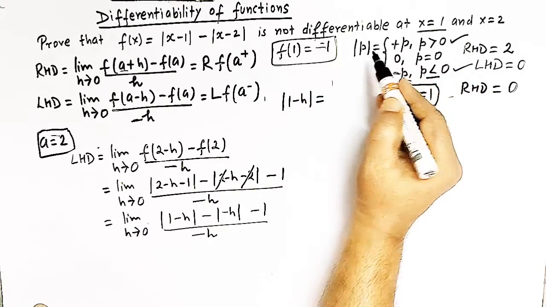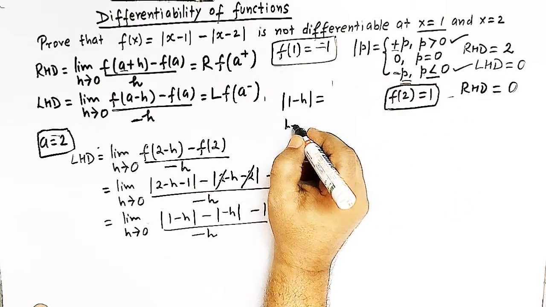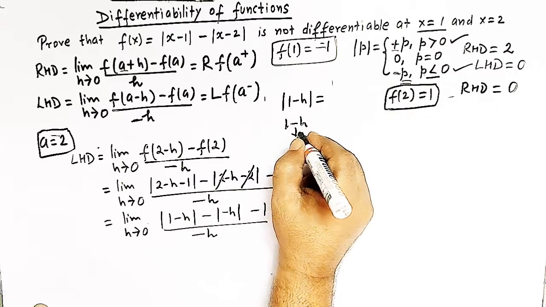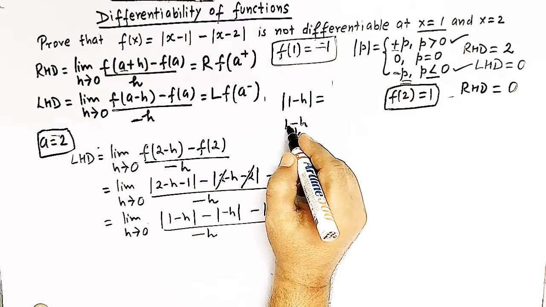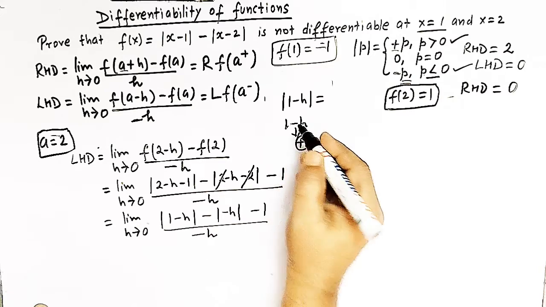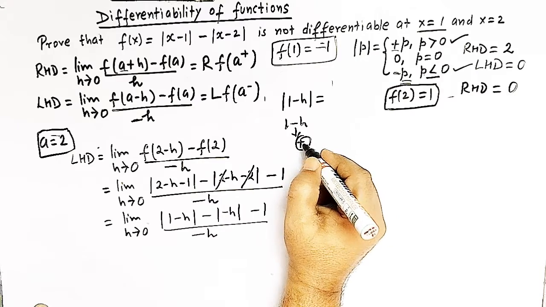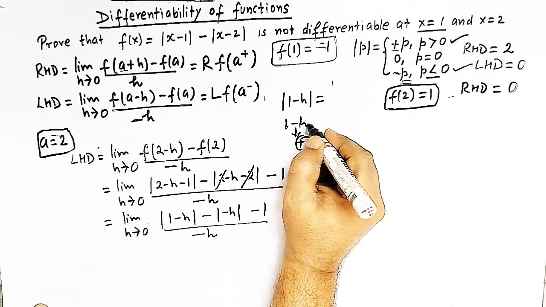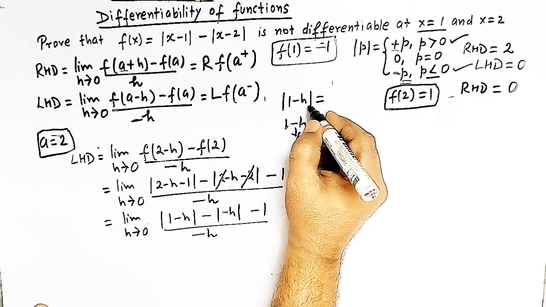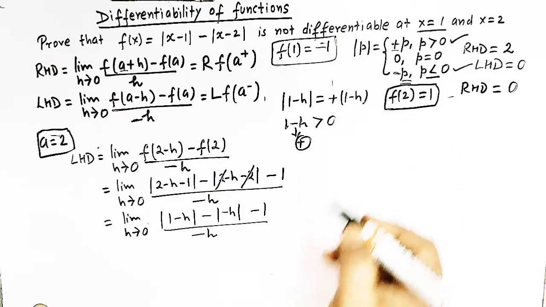Now again, due to this definition, now see 1 minus h is going to be a positive quantity because 1 is greater than h, right? And h is a positive quantity. So 1 minus h is always going to be positive. That is 1 minus h is greater than 0. So mod of 1 minus h should be equal to positive 1 minus h.